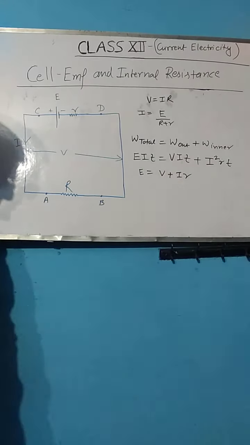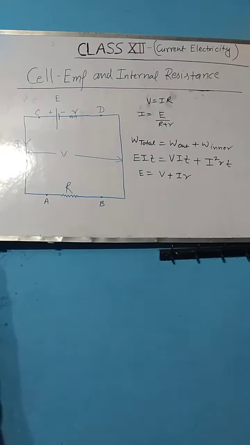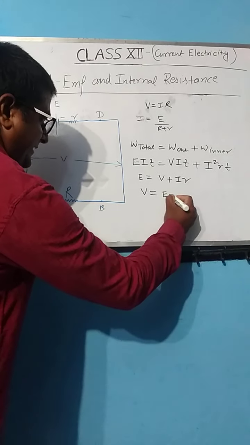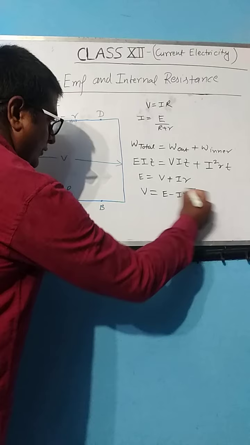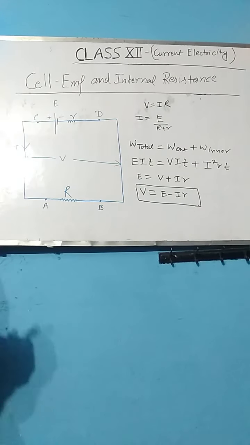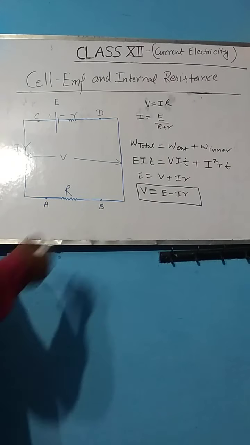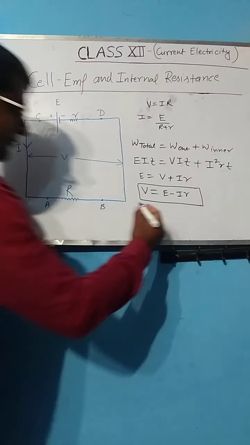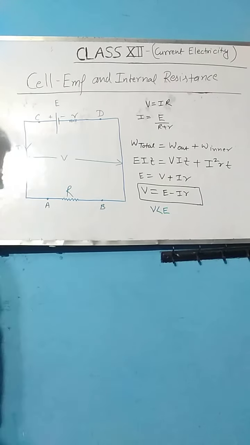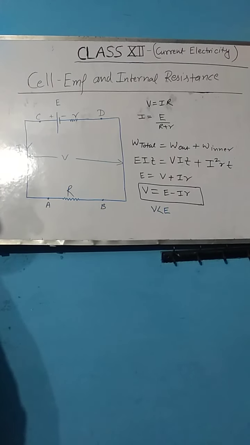So E equal to V plus Ir, so the potential difference V equal to E minus Ir. We can note that the potential difference V is less than E.